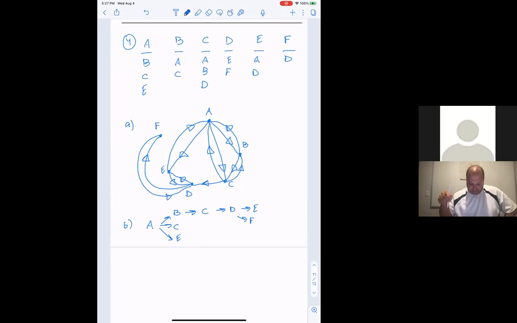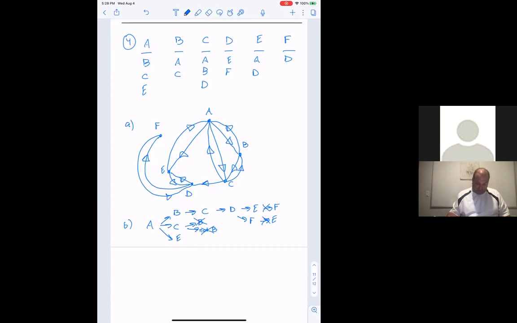A to B to C to D, and then D to either E or F. But E cannot go to F, and F cannot go to E. So that's not possible. And if we go to C, then we either go to B or not B. But either way, you're stuck because B can only go to C or A. And if we don't go to B and we end up on the D side, the only way to get back to B is through C, which is a repeat.